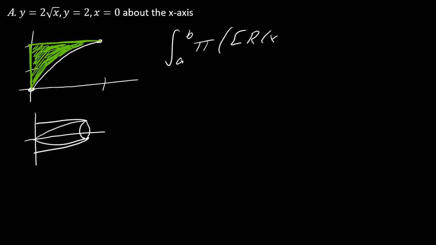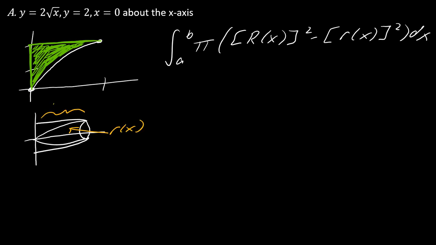So this is going to be the outer radius minus the inner radius, okay? Oops, sorry, dx. So in this case, this part here is the inner radius, and this part here is the outer radius.